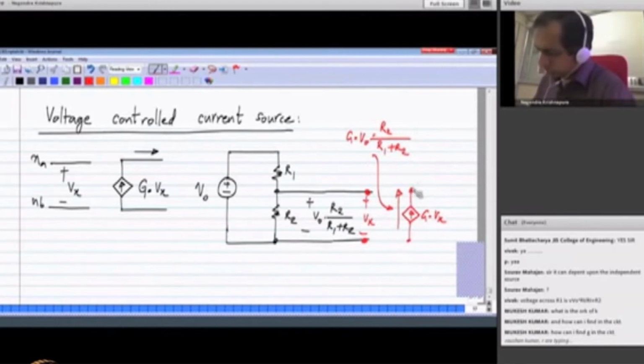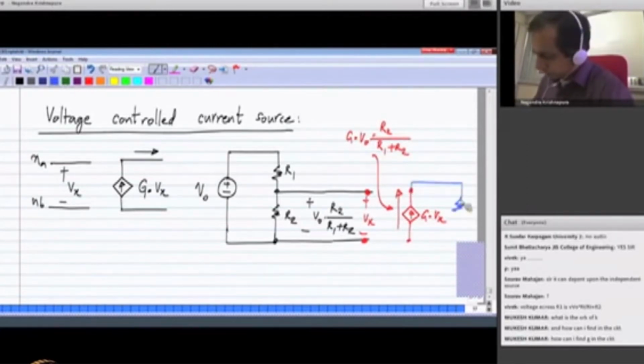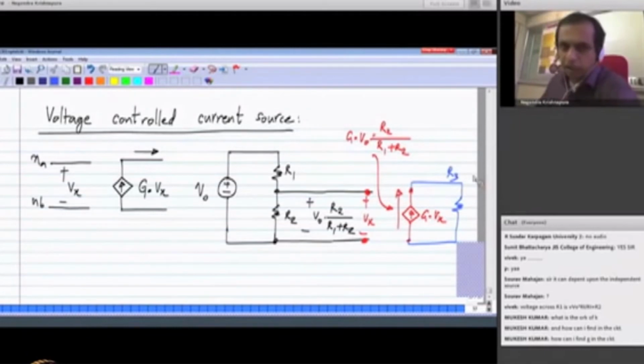So let's say you connect a resistance R3 to this. Clearly we cannot have a current source with nothing connected to it, though sometimes we draw it like that. In a circuit, for KCL to be satisfied, a current source always has to be connected to something where the current can flow. So here, let's say it's connected to a resistance R3.